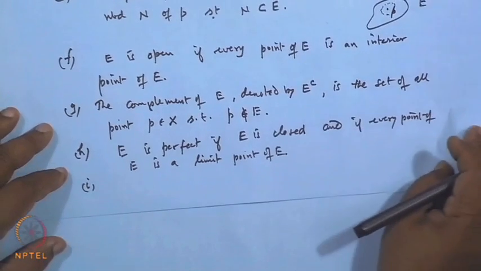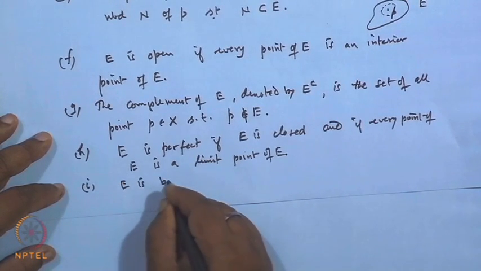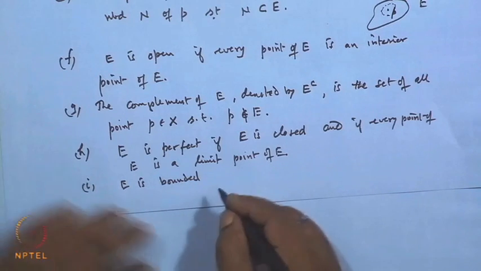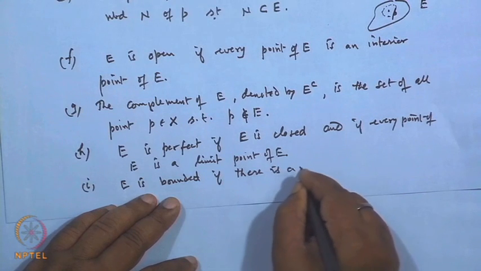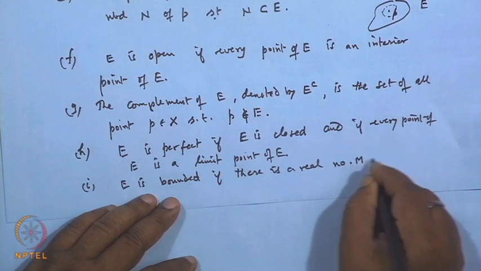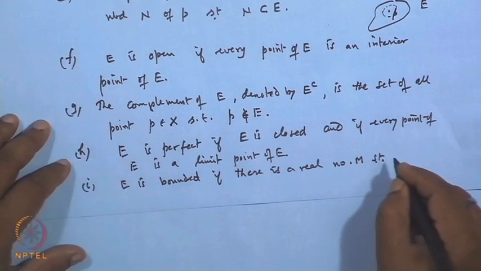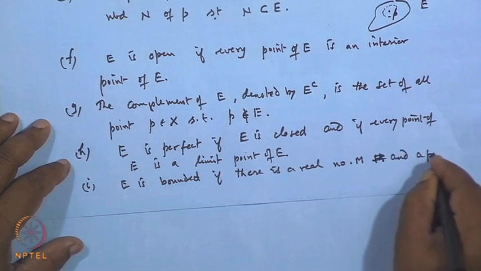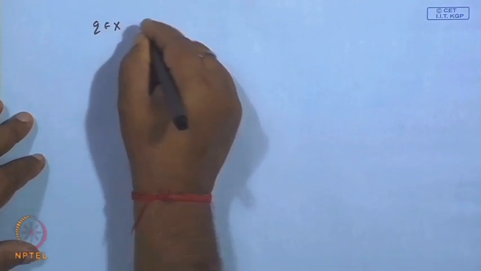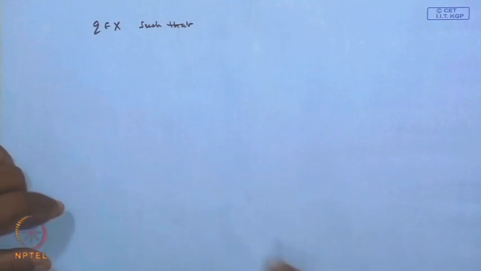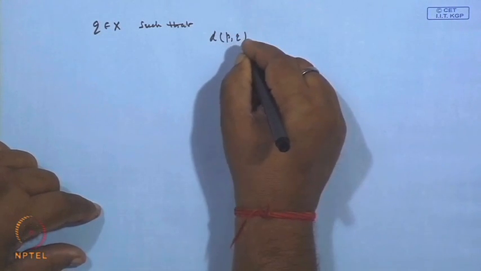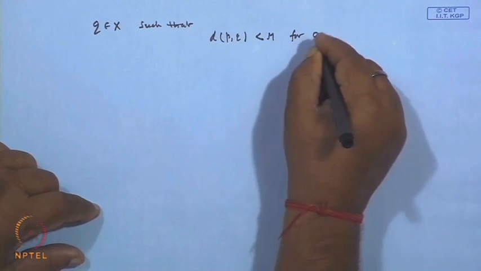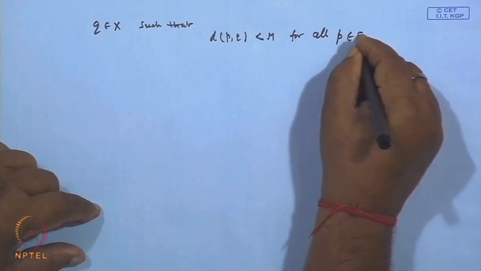A set is said to be bounded if there is a real number m and a point q belongs to X such that the distance between p and q does not exceed m for all p belongs to E.